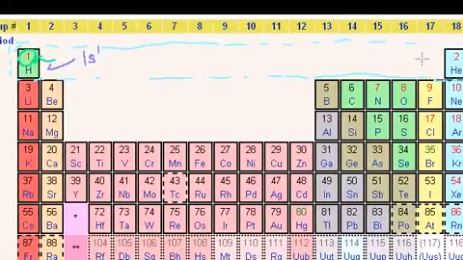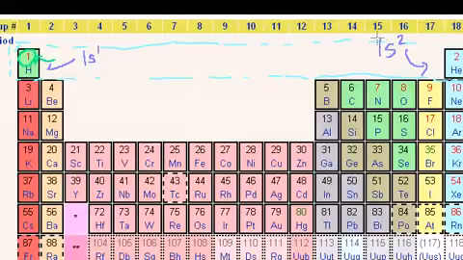So the configuration for helium is, it's in the first period, so it's 1s2. So in the s subshell within the first period, or the first energy shell, it has 2 electrons there. Fascinating. So what about lithium?